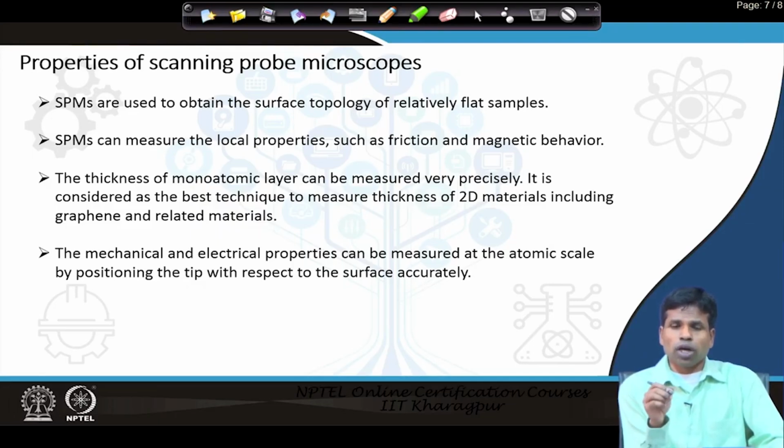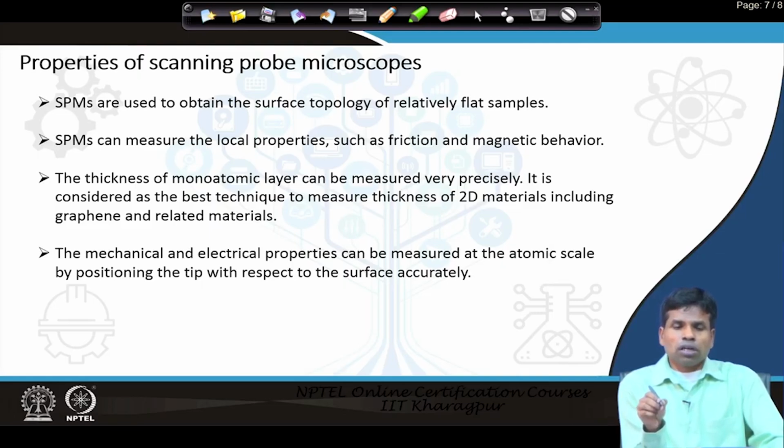There are other reasons why we need a relatively flat sample. Our scanner unit, or the tip with the scanning unit which allows the tip to scan, cannot move very fast up and down and left and right, in the x and y directions.